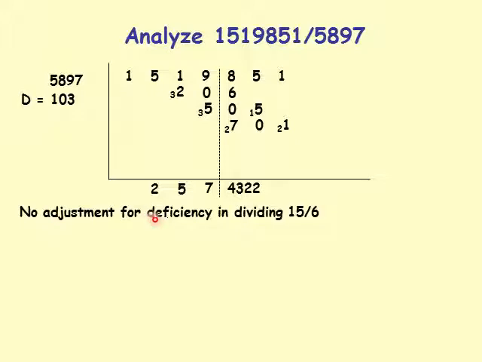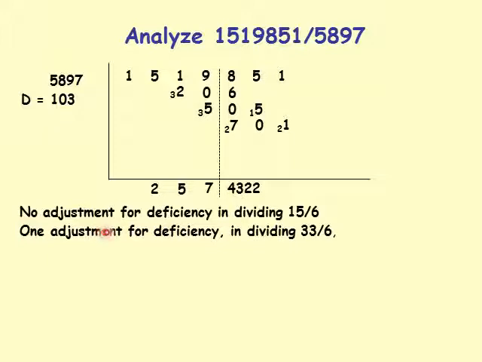Let's continue here. There is one adjustment for deficiency in dividing 33 by 6, which we did in this column here. And there is one adjustment for deficiency and one for remainder. Let's continue here.